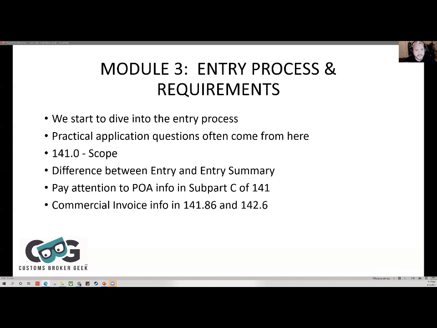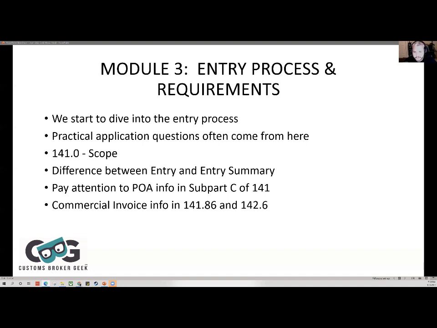We also dive into the difference between entry and entry summary. An entry means the documents that are required to obtain release of the goods have been filed with Customs. An entry summary is referring to the filing of Customs Form, or CBP Form, 7501, and then any additional documentation to calculate duty and to allow Customs to collect statistics.